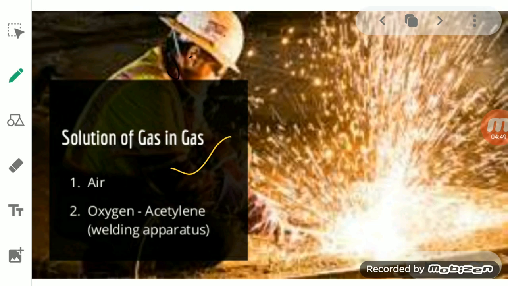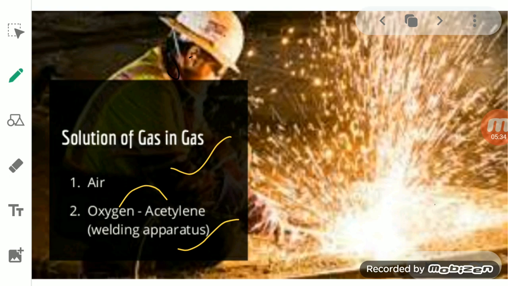Here is one more example: oxygen with acetylene gas, when they combine together, is used for welding. These two examples explain that a solution is not only a solid in a liquid, but here gases themselves act as a solvent, and the other gases mixed with that particular gas act as a solute.